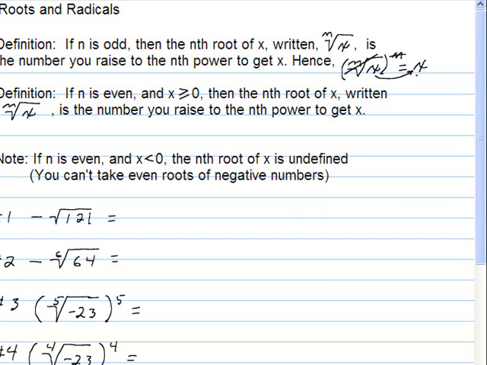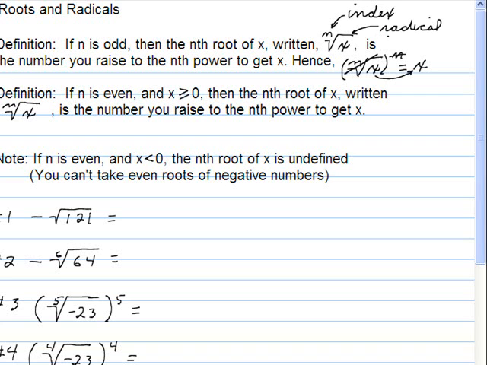Now that's not really canceling. You know, canceling is something done top to bottom in a fraction. This isn't canceling at all, but there is a reversing that's going on. In other words, using the nth power is the opposite of the nth root, so it's kind of like they cancel each other out. Another comment, this number n is called the index of the radical, and this little symbol here, the kind of V with a long tail on it, is called the radical sign.